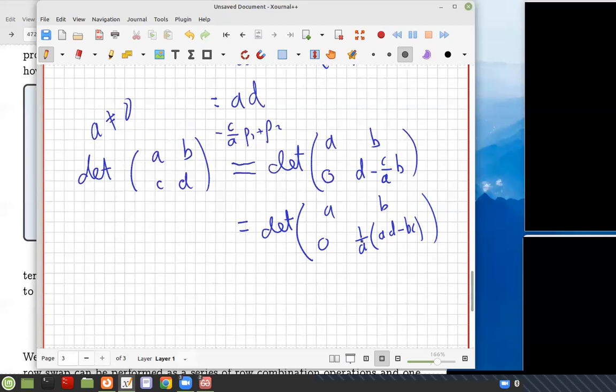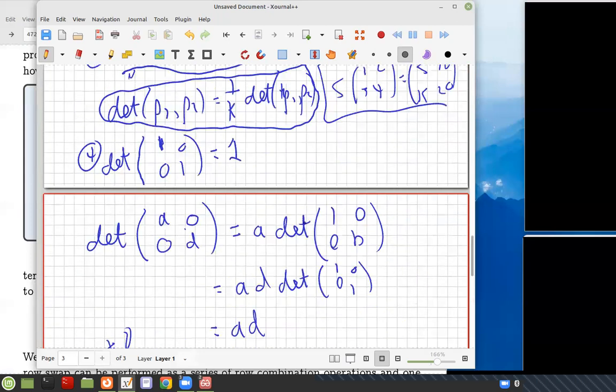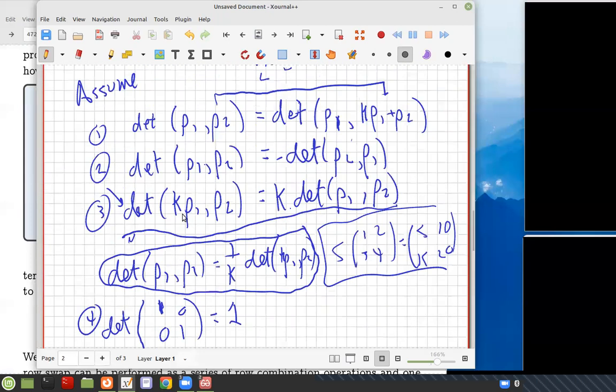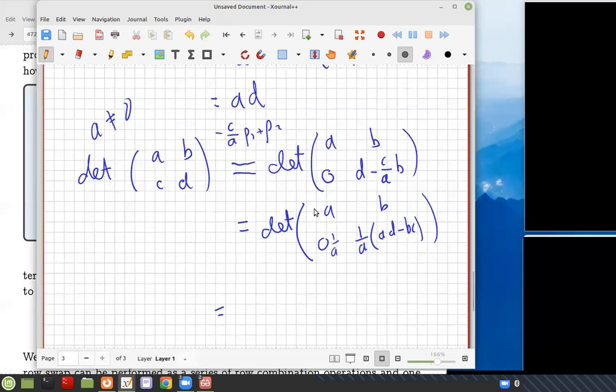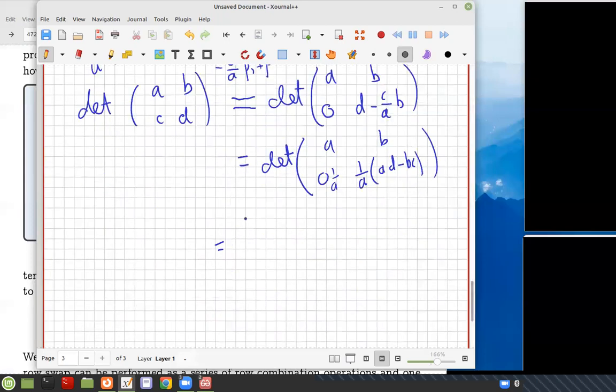Then I can pull out the 1 over A, because it multiplies the whole row, and if I have K times a row, I can pull that out. So this is going to equal 1 over A times the determinant of A, B, 0, AD minus BC.